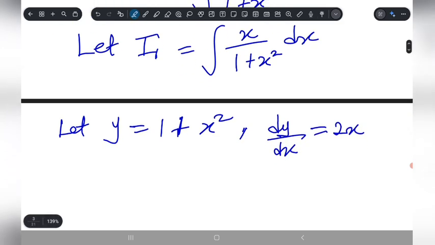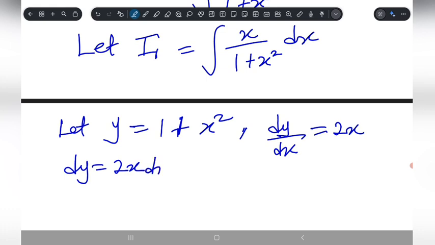To make dx the subject of the formula, we divide both sides by 2x, so we have dx equals dy over 2x.